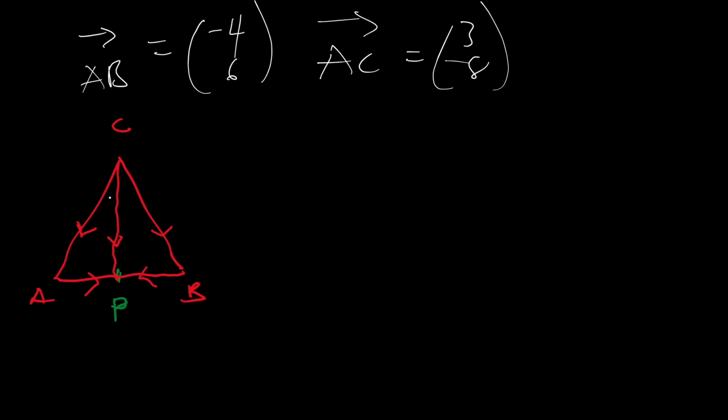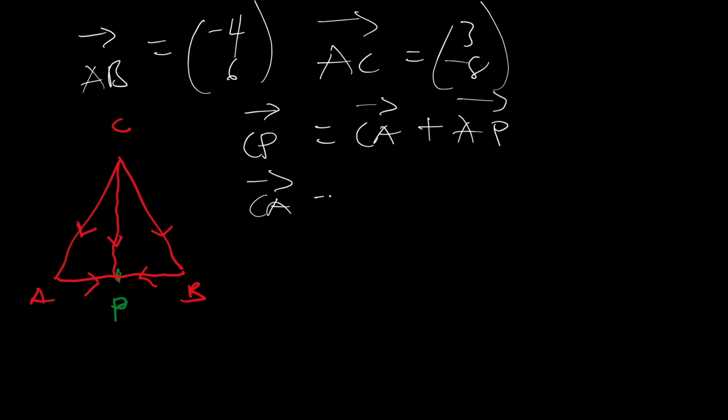All right, so this will be our diagram. Now we can say that CP is equal to CA plus AP. And CA is the same as negative AC.